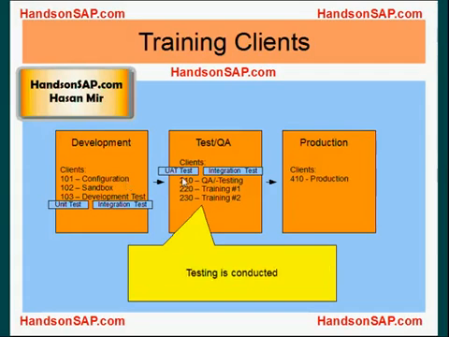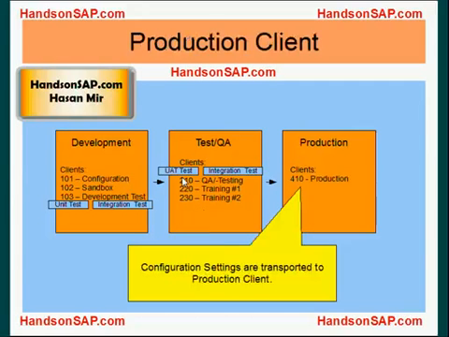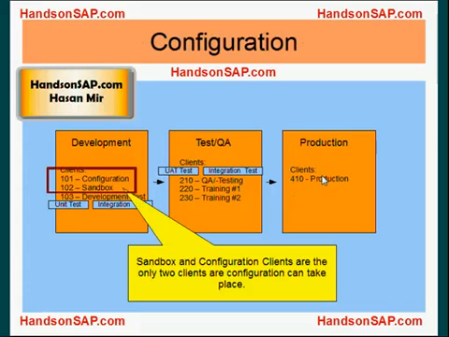Now testing is conducted, and finally configuration settings are transported to the production client, and this is where day-to-day business transactions take place. Just keep this in mind: Sandbox and configuration client are the only two clients where access to configuration tables should be allowed.